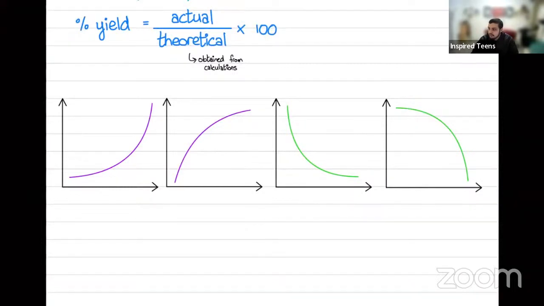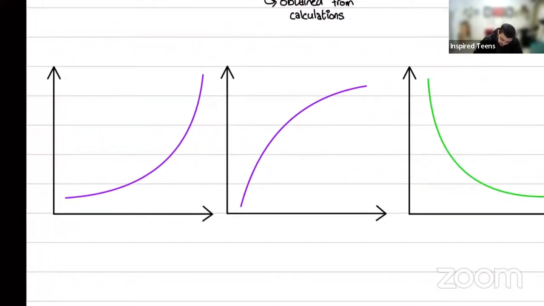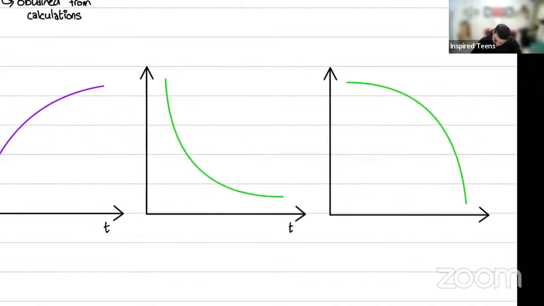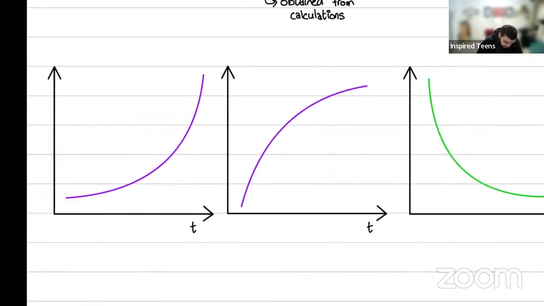These graphs basically represent, how would they be labeled? They represent something versus time. They could represent mass, volume, moles, anything that we can measure a change in.